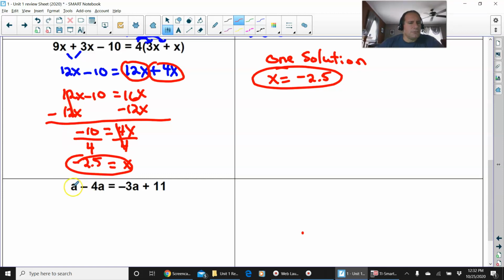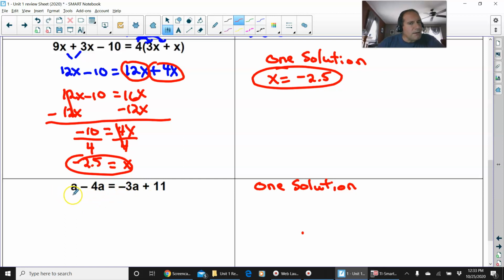Let's see. If this is a and this is negative 3a, I'm going to put this down as one solution right now. There are different values before a, which is the coefficient, right? So if you know that eventually you're going to get the a's on one side.